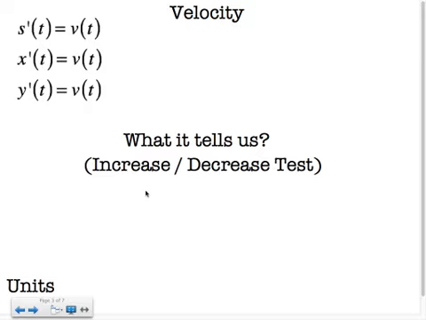So let's review real quick the increase-decrease test. We took a function's derivative. We called our function most of the time f. And if f prime was more than 0, then that told us that f increased. And on the other hand, if the derivative of f was less than 0, then f decreased.